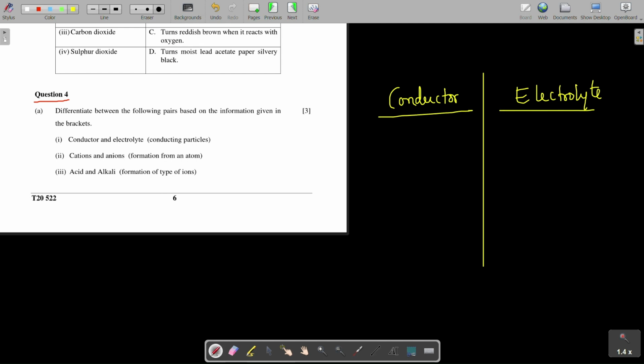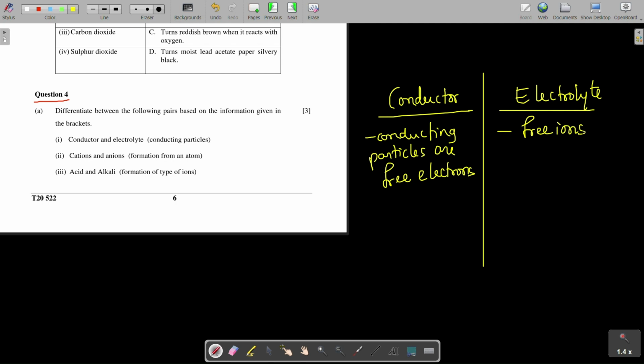So in conductors and electrolytes, in a conductor the conducting particles are free electrons, electrons which can move. But in an electrolyte, the conducting particles are free ions.